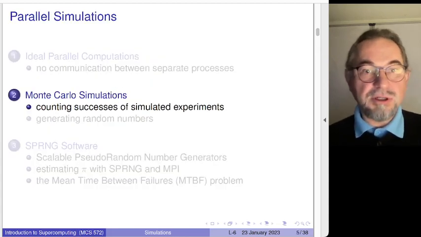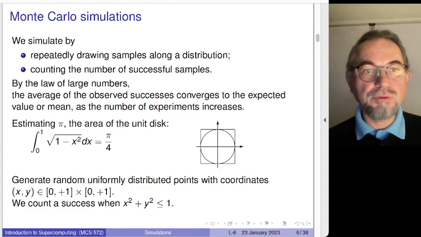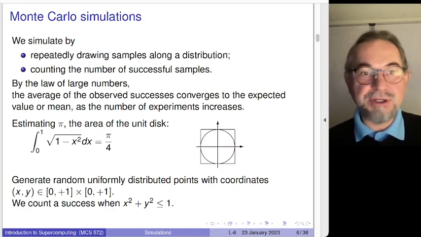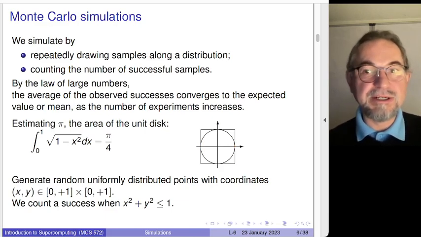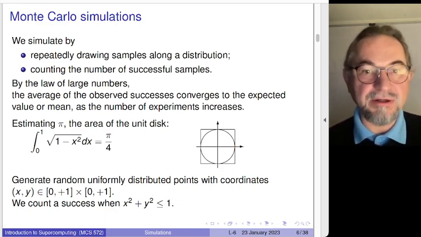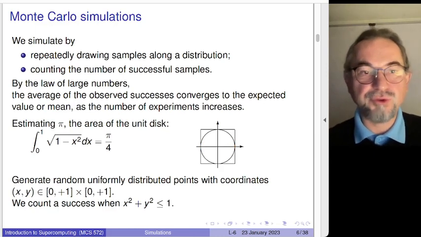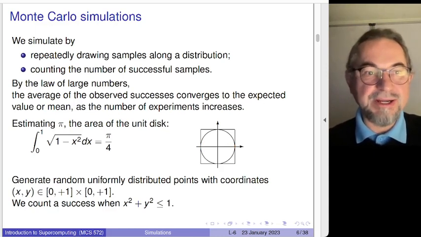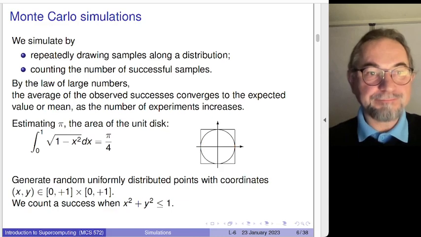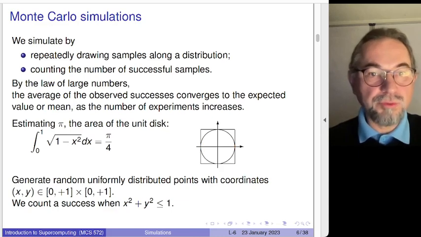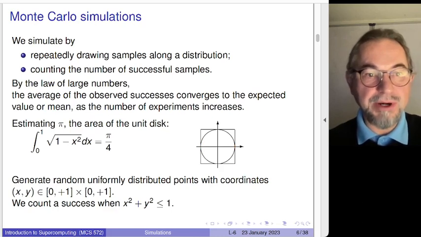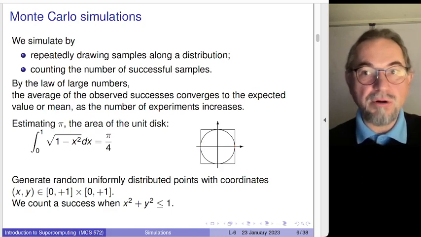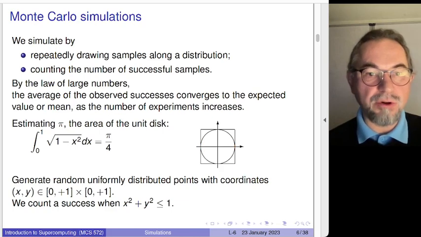Okay, to make sure that we get the definition of a Monte Carlo simulation right, here is a very simple example, an example that we also used in a previous lecture. We want to estimate pi, which can be done by the area of a quarter of the unit circle.